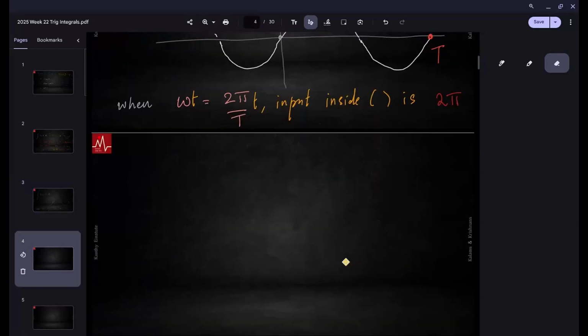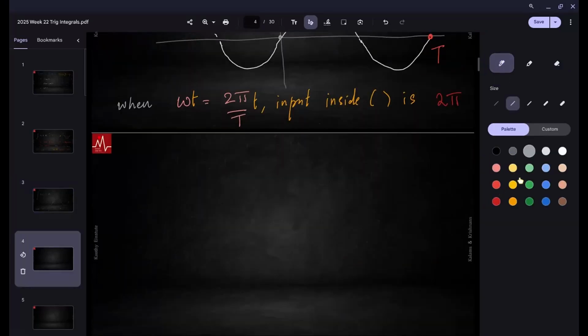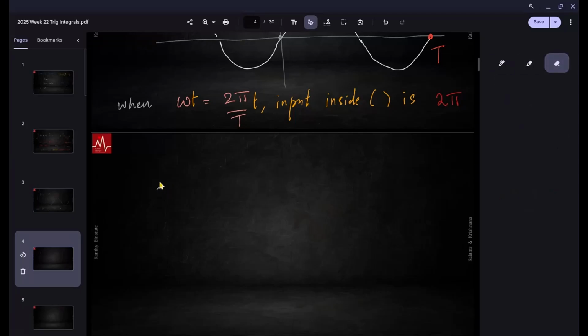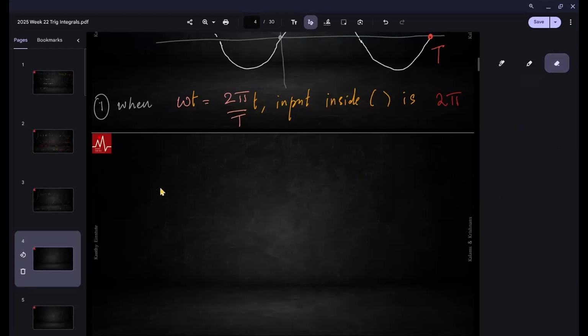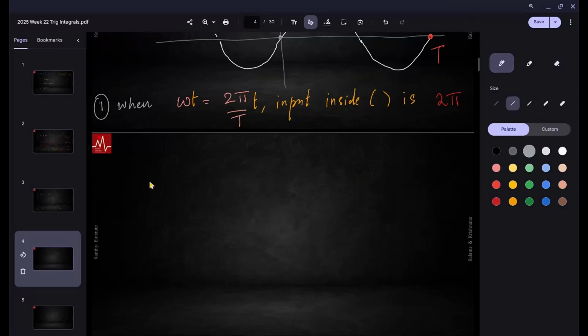I repeat that, that's an important point, so let me repeat that again. There are two ways to look at this. One, when omega t is 2 pi by t, notice the input is t by t into 2 pi.